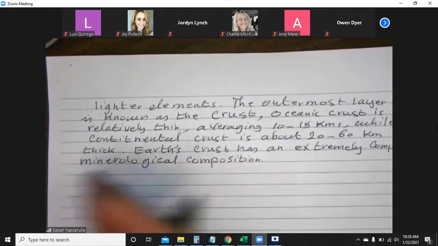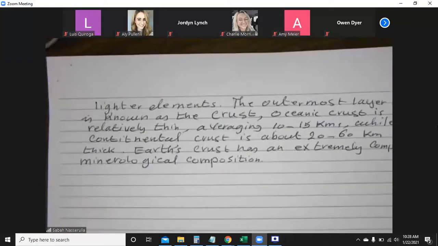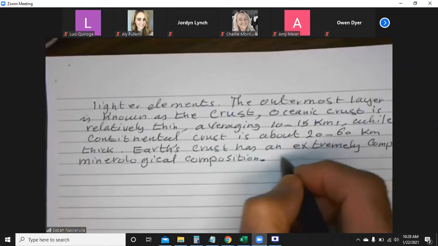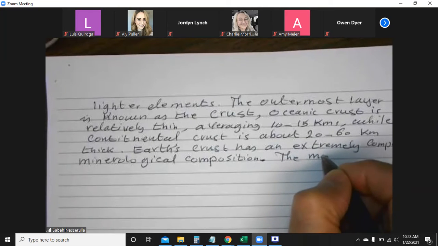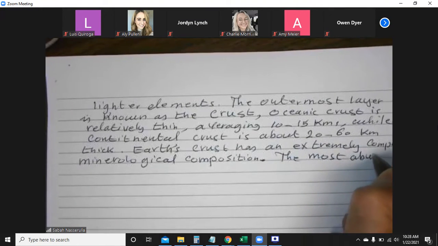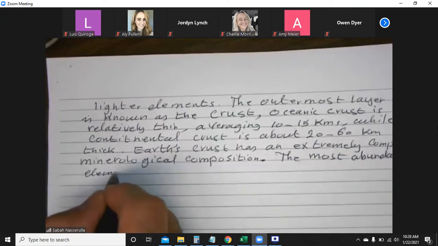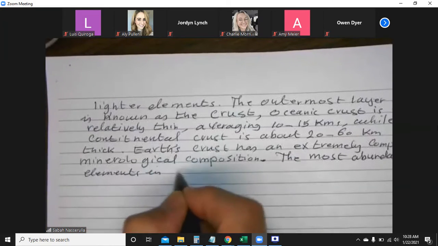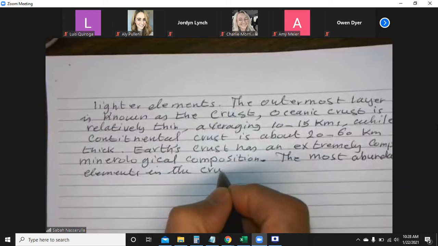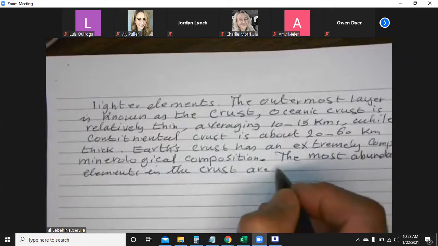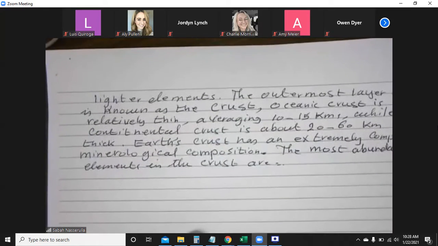Now I'm going to talk about the composition of some of the elements which constitute this crust here. The most abundant elements in the crust are, I'm going to put it down here to make it easier to see.